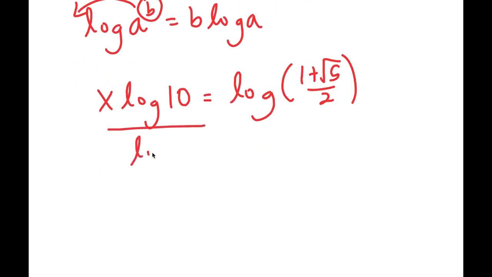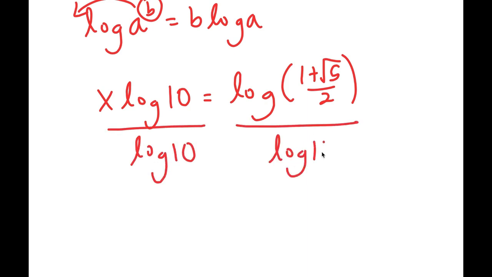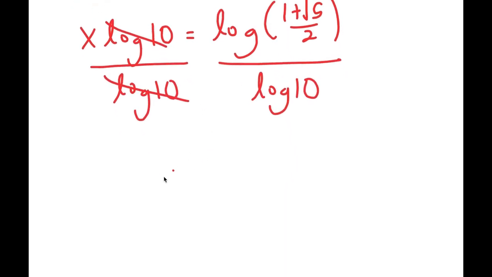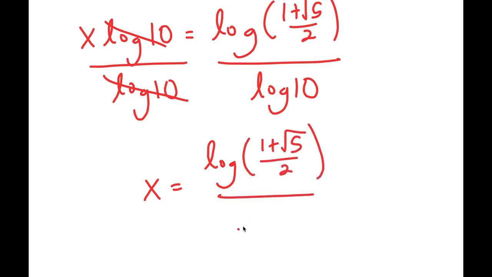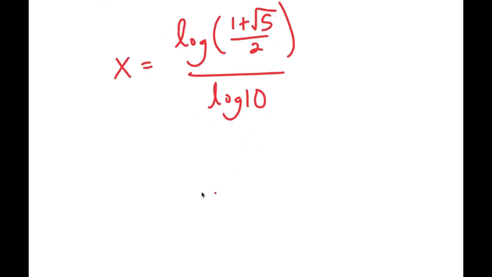And now I'm going to divide both sides by log 10. So then these two cancel out, and I get x is equal to log of 1 plus the square root of 5 over 2 over log 10. And log 10, if you guys already know, is equal to 1.